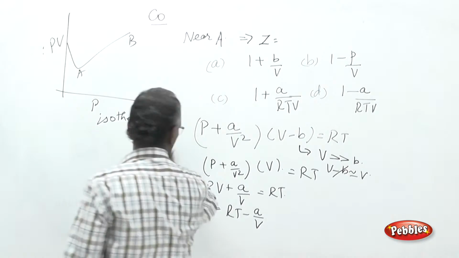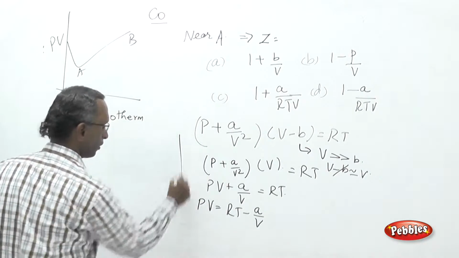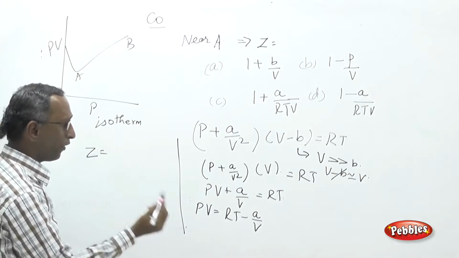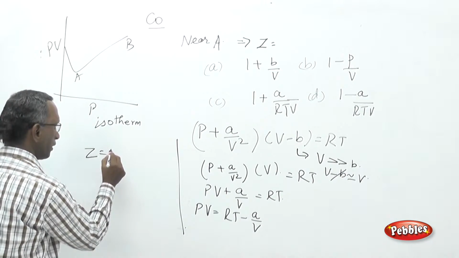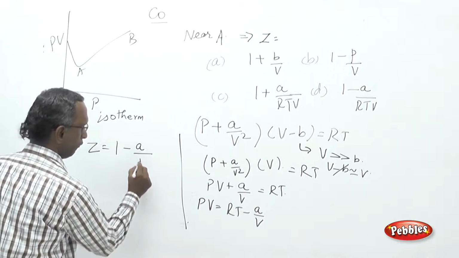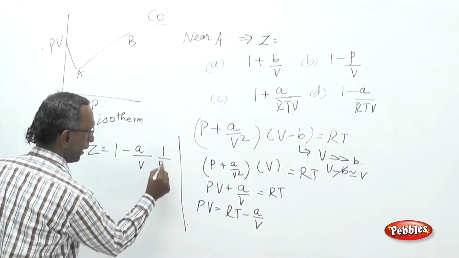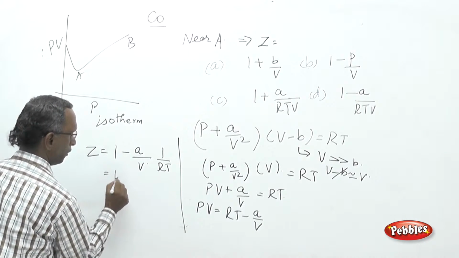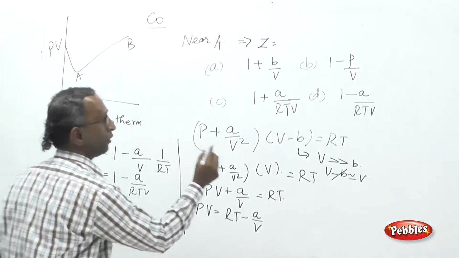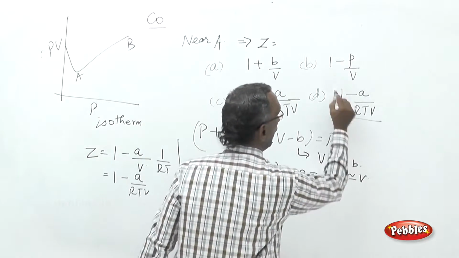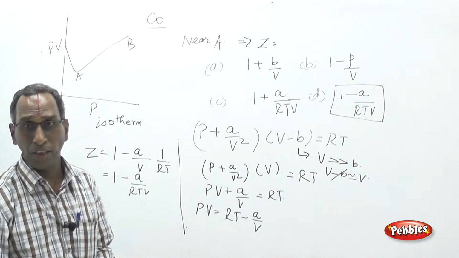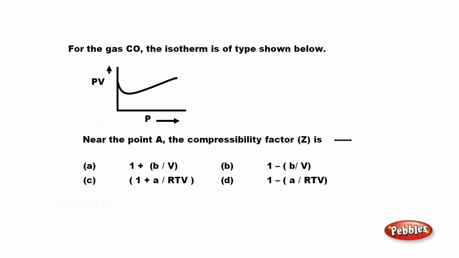PV by RT is nothing but Z, the compressibility factor by definition. So Z equals 1 minus a by RTV. This is given as the last choice. So for this question, the last choice is the correct answer.